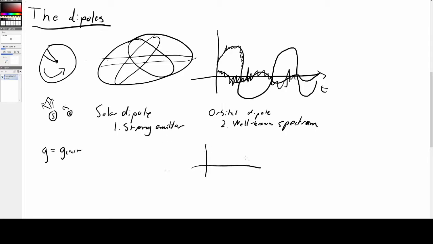We would be able to use the orbital dipole to estimate a gain factor that is constant for the mission, which sets the baseline for the gain, so that it's not free to just fluctuate and be anything. This is the baseline around which it should vary. And then we have the fluctuations, which we estimate using the solar dipole on top of that. And we shall see later how this is accomplished.